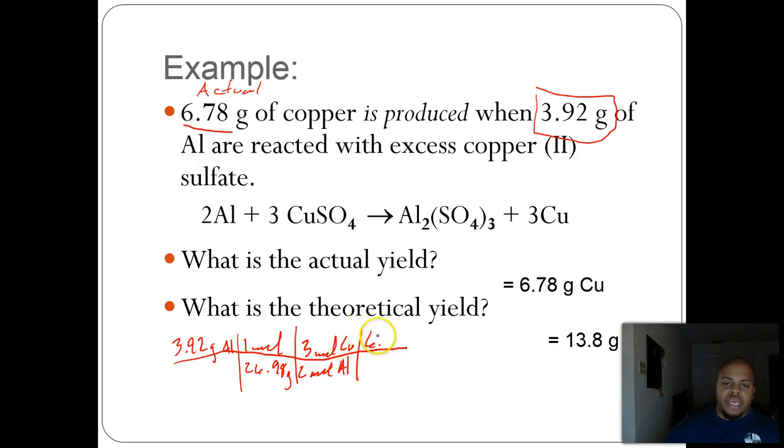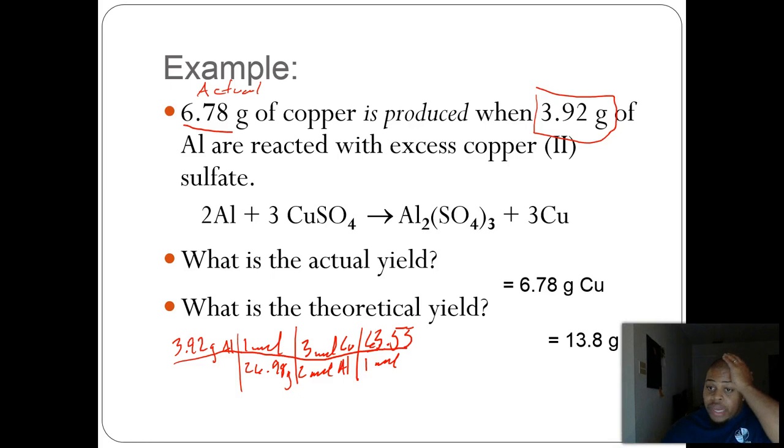And again, molar mass of copper 63.55 to 1 mole. Now, notice in this case, since it only gives me one quantity to see how much is going to be produced, I only have to do one table. So, plugging it in, 3.92 divided by 26.98 times 3 divided by 2 times 63.55 gives me 13.85. So that would be 13.9.